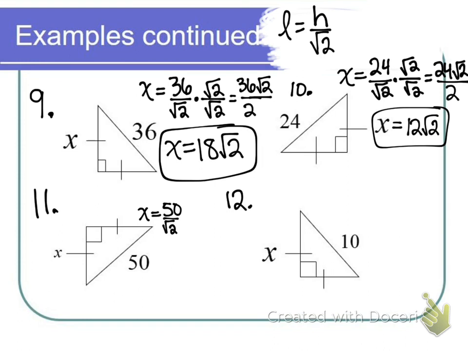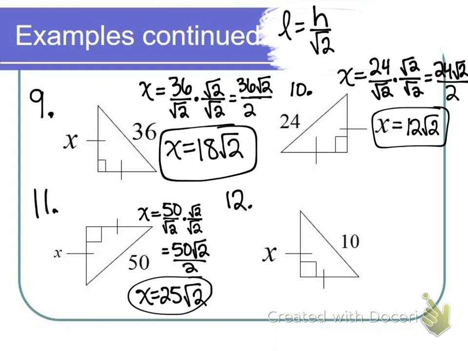Good. Okay, we have to rationalize. So we multiply the top and bottom by radical 2. What does that become? Very good. 50 radical 2 over 2. And that finally simplifies to be 25 radical 2. Good.